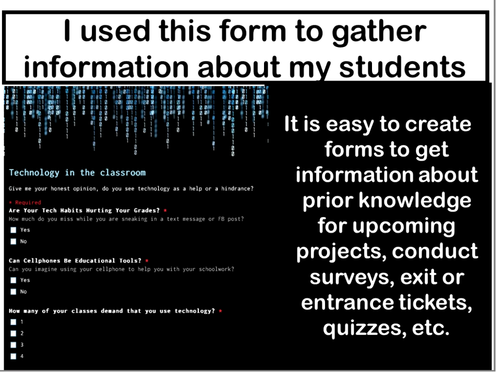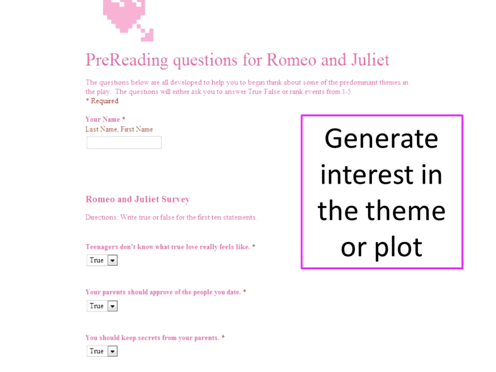So I asked them some of the ways that they use technology and some of the tools that they enjoy using. This is an example of a Google form I did for a pre-reading for Romeo and Juliet, and I used it as a way of getting information before we even started reading the play to get them to start thinking about the themes and the main ideas within the play.